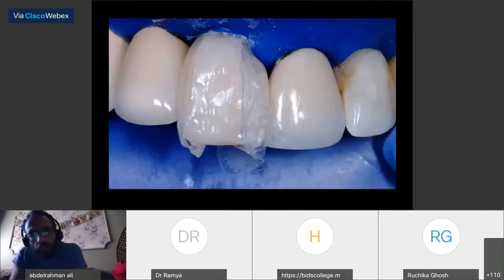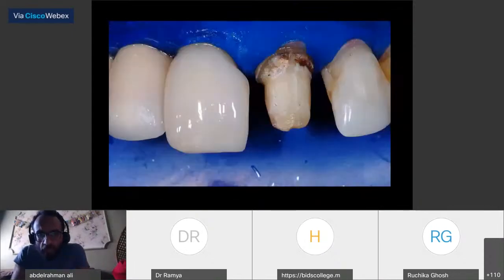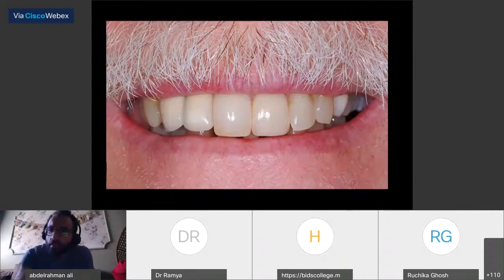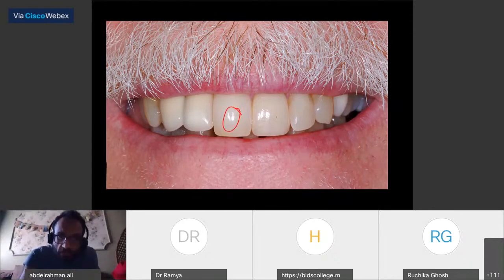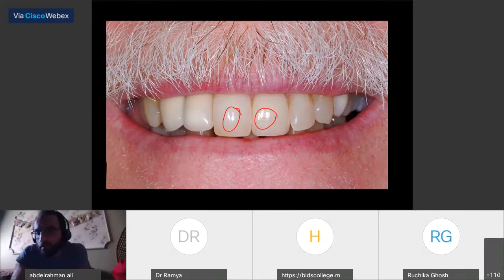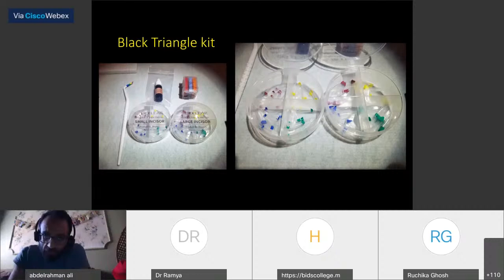So he finished the first tooth, removed the crown, and this is the final. Why do these two restorations look the same? Because of the same reflection, and for sure the same color, or at least close colors to each other, before and after.